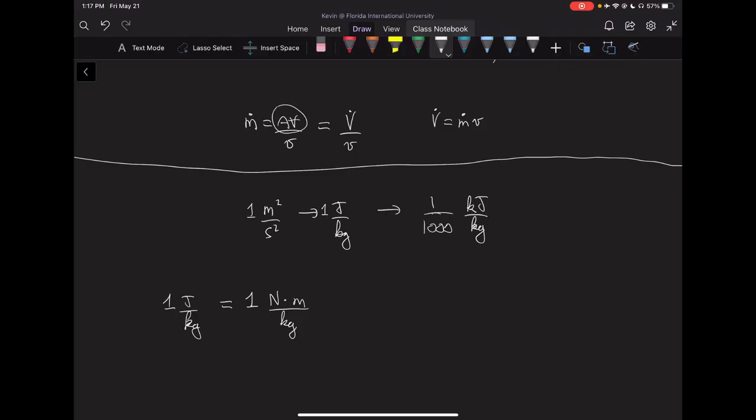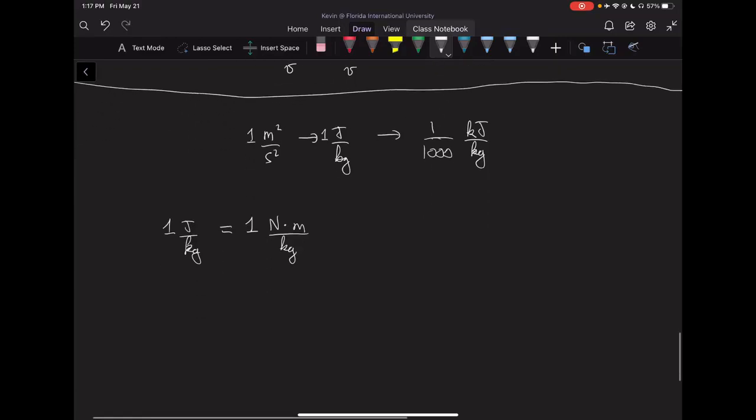And now we're going to convert 1 Newton to the simplest possible form, using completely basic units. We know that a Newton is a unit of force. So 1 Newton is equal to ma, mass times acceleration, which is kilograms times meters per second squared. So we can substitute kilograms times meters per second squared for Newton.